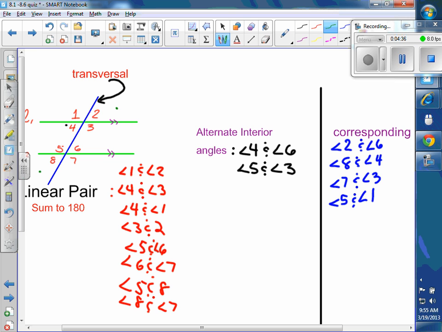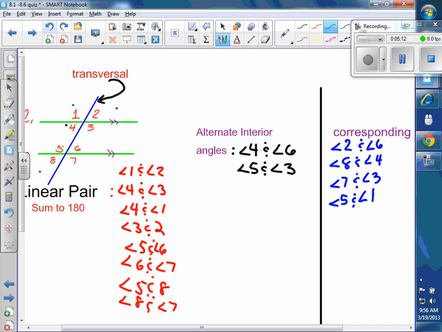We could start with the idea that linear pairs, like 1 and 2, are supplementary, and we know 2 and 4 are equal. Yeah, we'll go to that in a minute. It's too many things at once, but we will come to it.